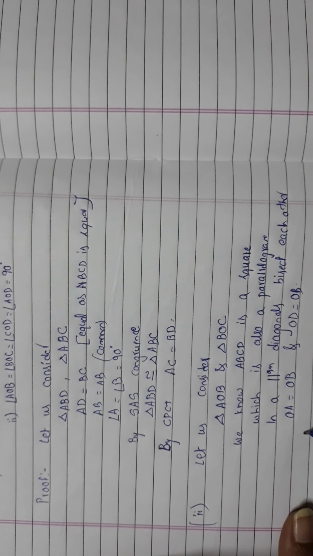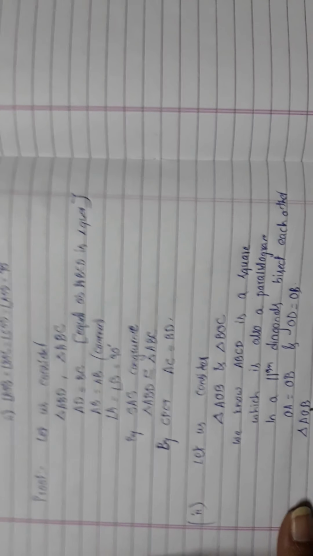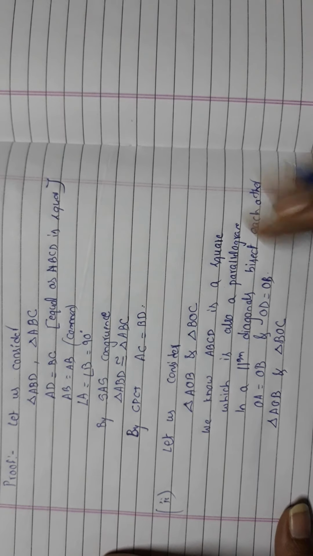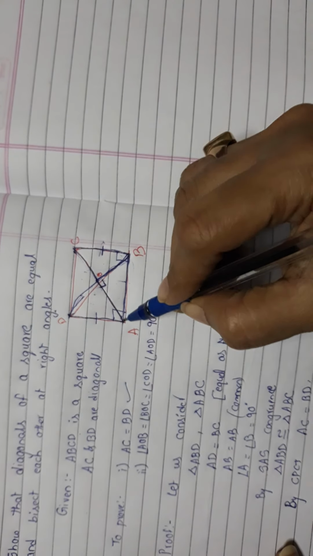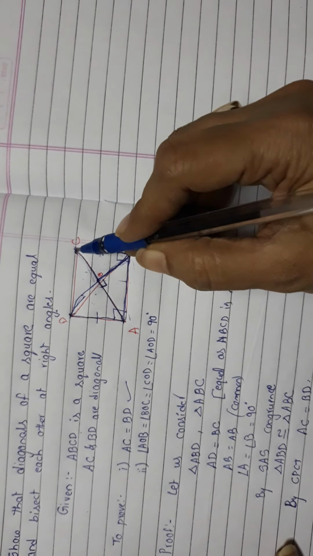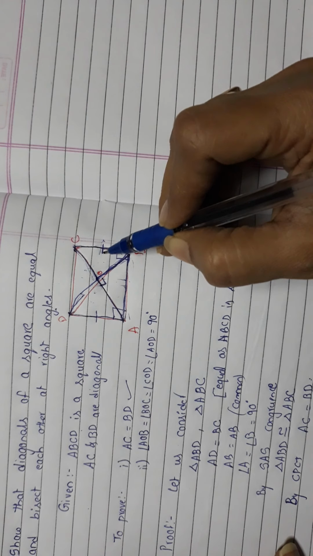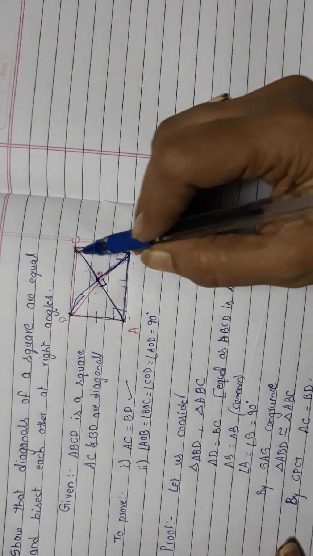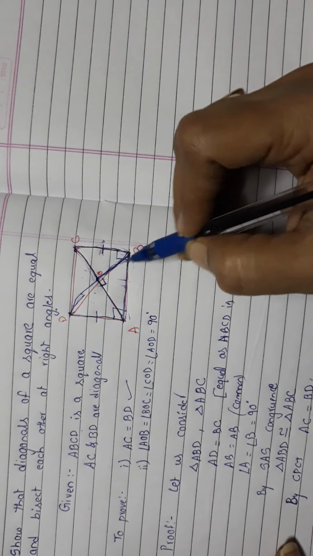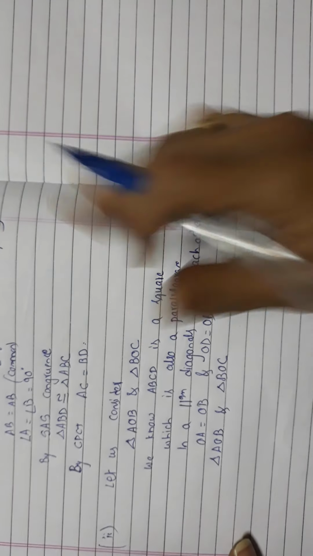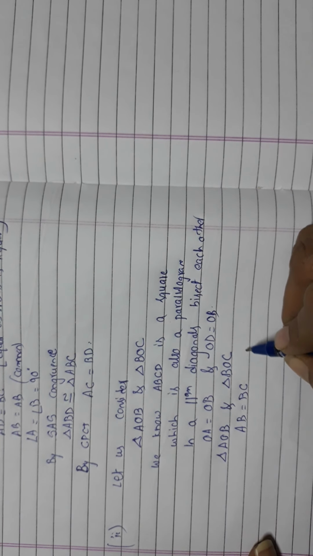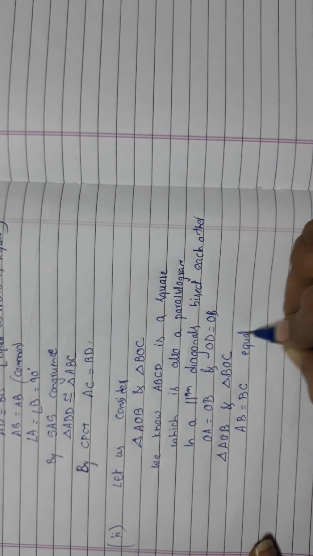Now in considering triangle AOB and triangle BOC. Once again children, triangle AOB and BOC. First one is AB is equals to BC. Second one OA is equals to OC and third one is OB common. So I am writing those. First is AB is equals to BC, equal sides of a square.